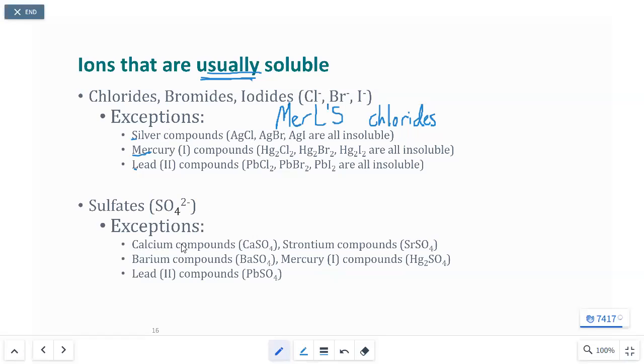There are exceptions here as well. We call them the Balcomer sulfates. And the Balcomer is coming from barium, lead, calcium, mercury 1, and strontium.